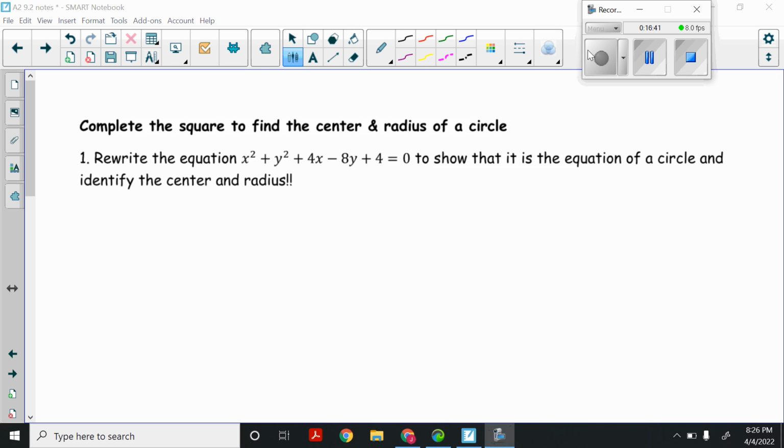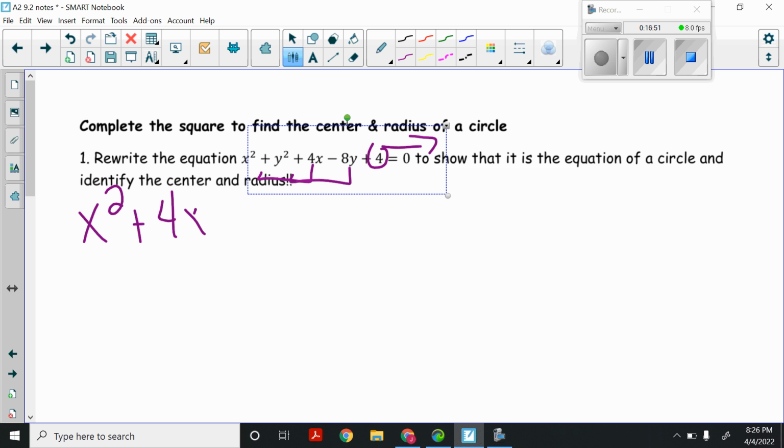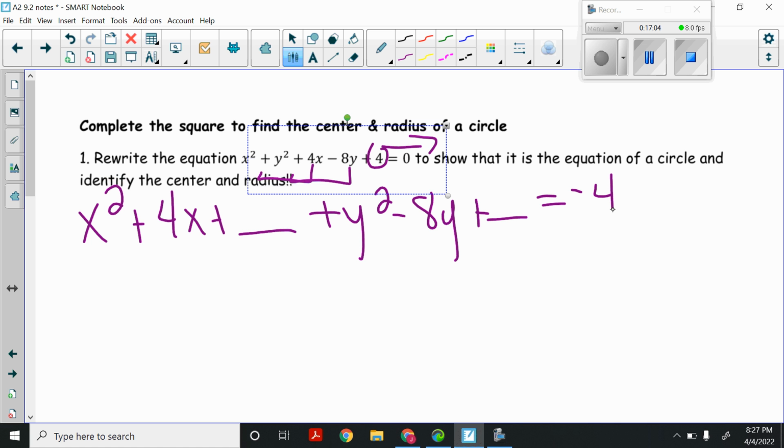So the very first thing that I'm going to do is get this 4 to the other side. And I'm going to put my x's together and my y's together. So I'm going to say x squared plus 4x plus blank, plus y squared minus 8y plus a blank equals, I'm going to subtract my 4, plus my 2 blanks.